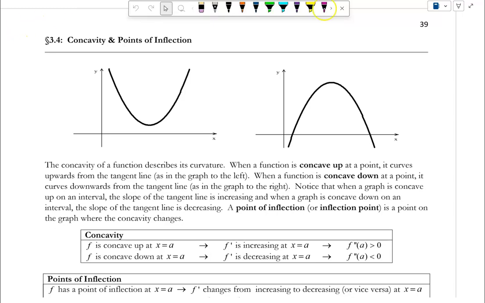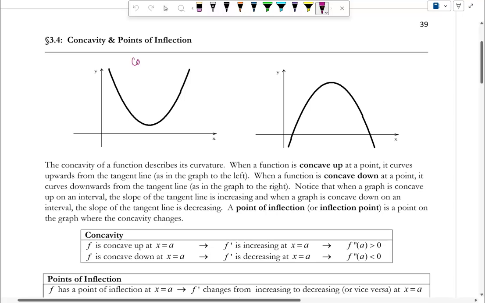Section 3.4 is all about concavity and points of inflection. When we describe a function, or a part of a function rather, as being concave up, that is where our graph is going to curve upwards from the tangent line.